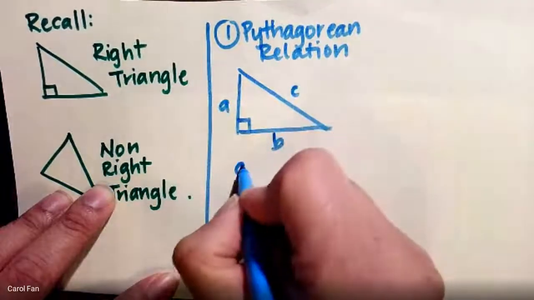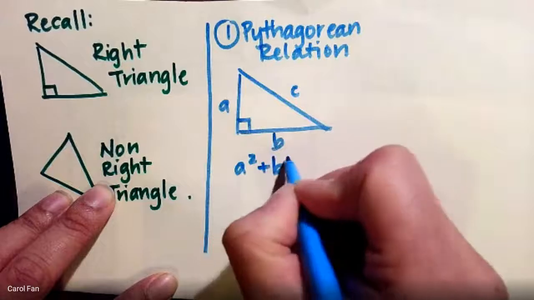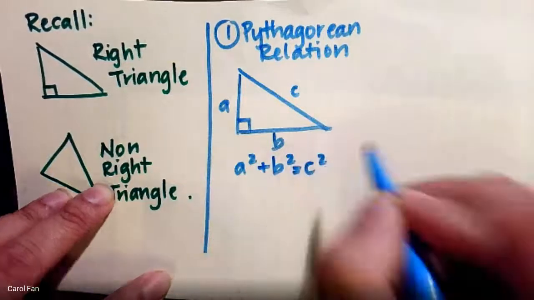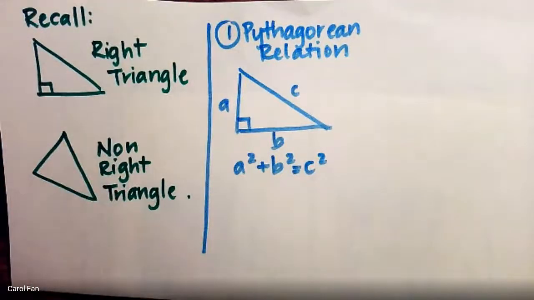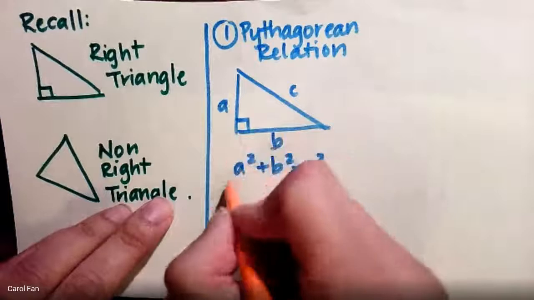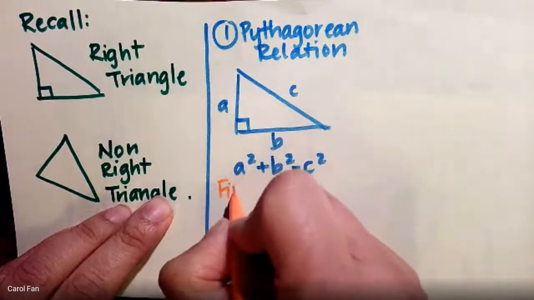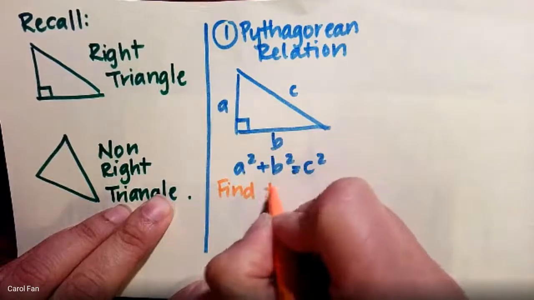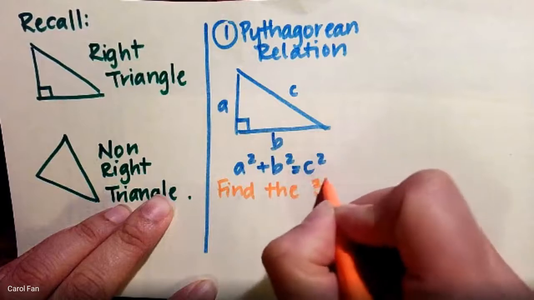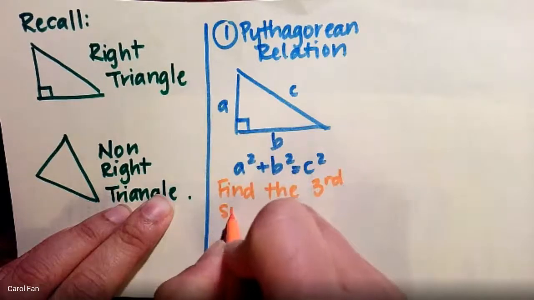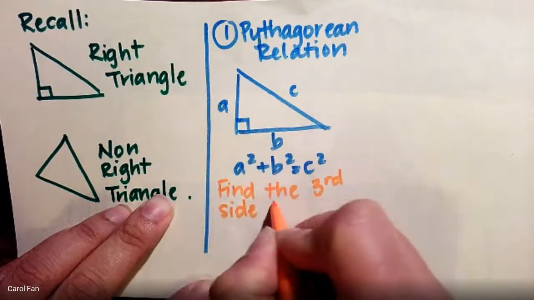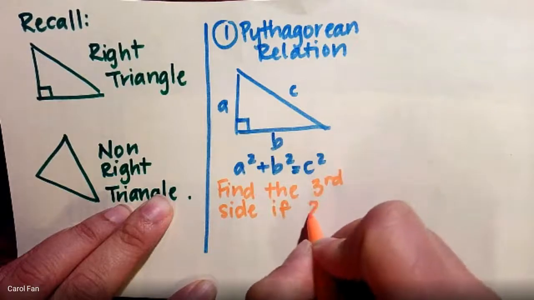So we have a squared plus b squared is equal to c squared. And what we can do with this is find the third side if you have two sides already.